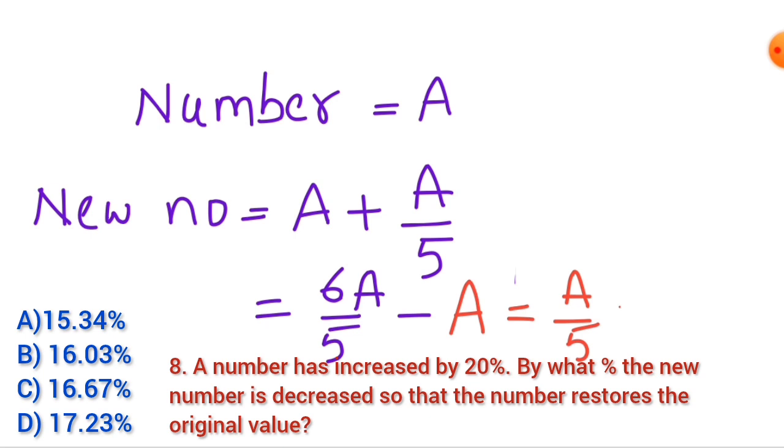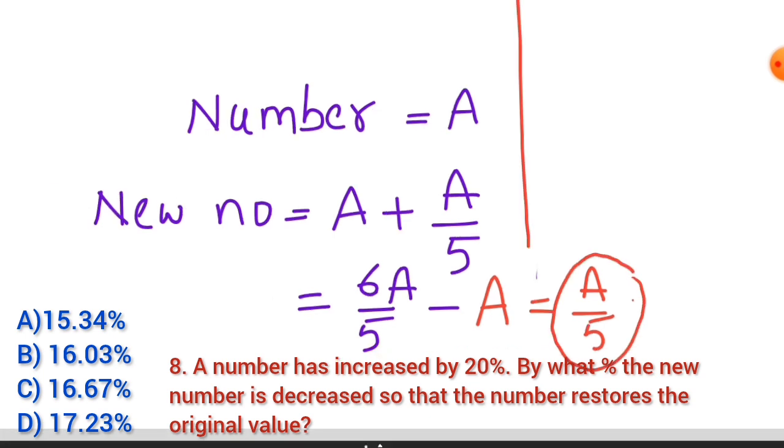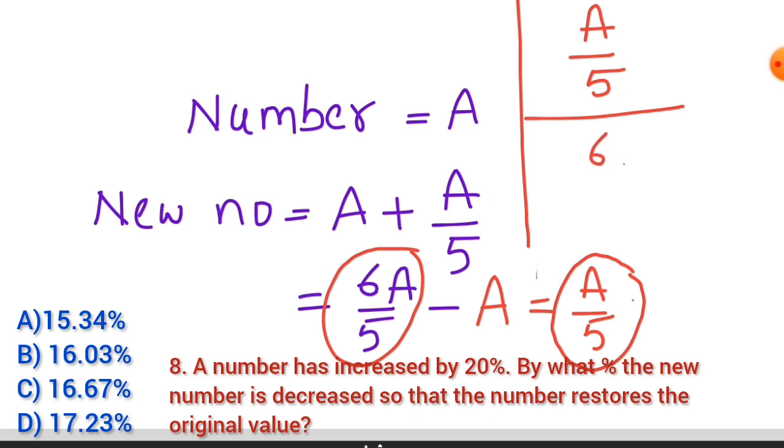To find the percentage decrease, you divide the decreasing number, which is A over 5, by the new number, which is 6A over 5, times 100, isn't it? We are finding the percentage of decrease.